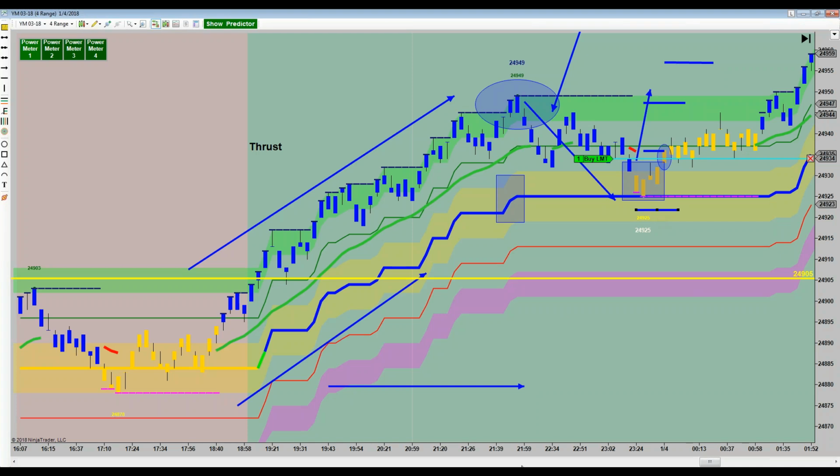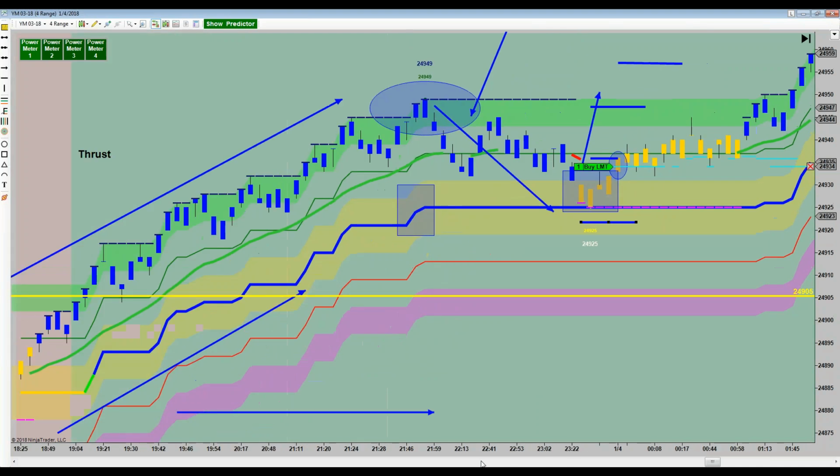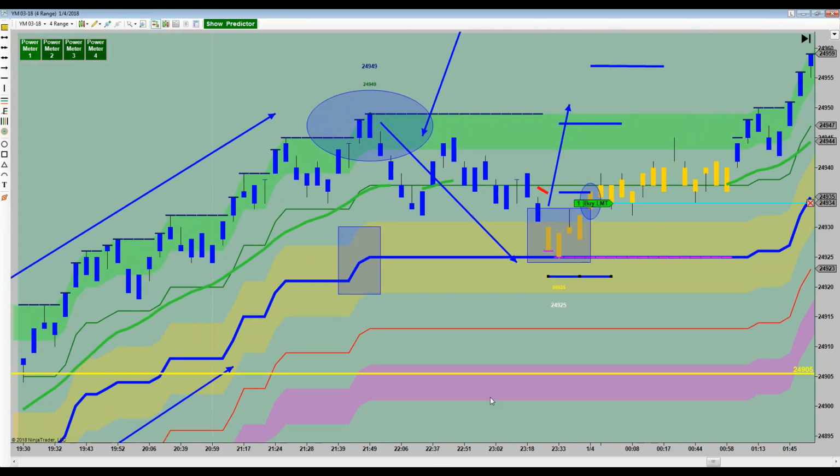Now, let's look at the anatomy inside this box. What's going on here? You have a bar closed down, bar closed down, bar closed down, doji candle, bar close up, bar close up. Now, most times, not every time, but a high percentage of times, let me just leave it at that.